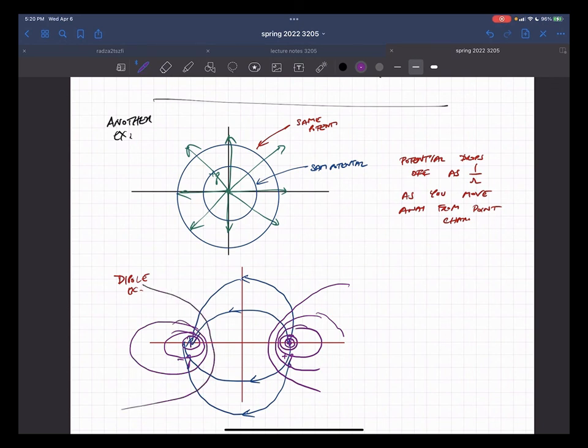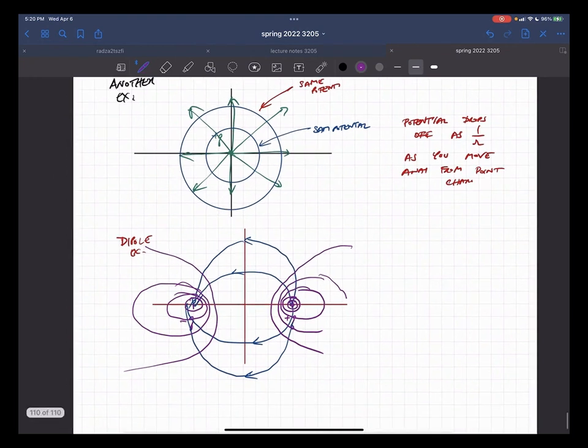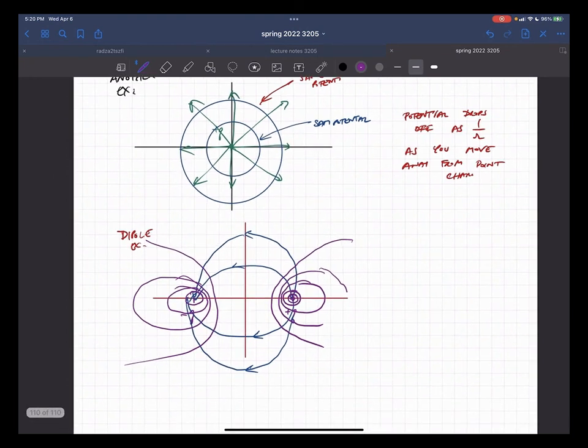And then, importantly, when you're right at the x-axis, it'll just be a plane. The equipotential line at x equal to 0 turns into a plane.